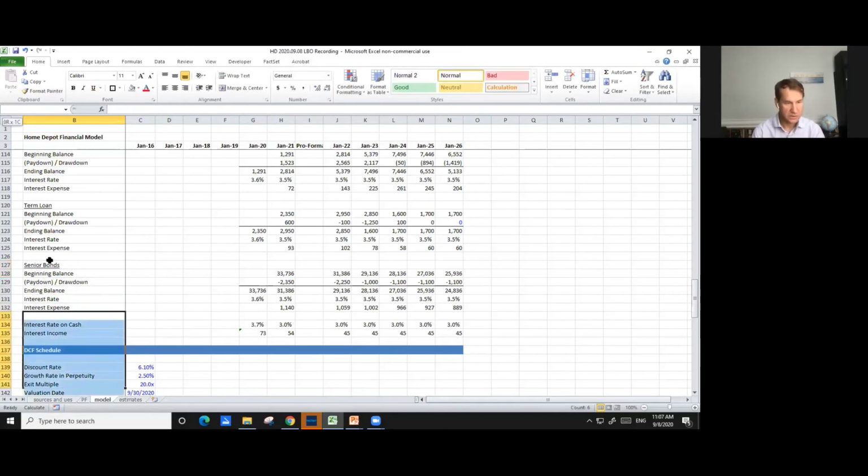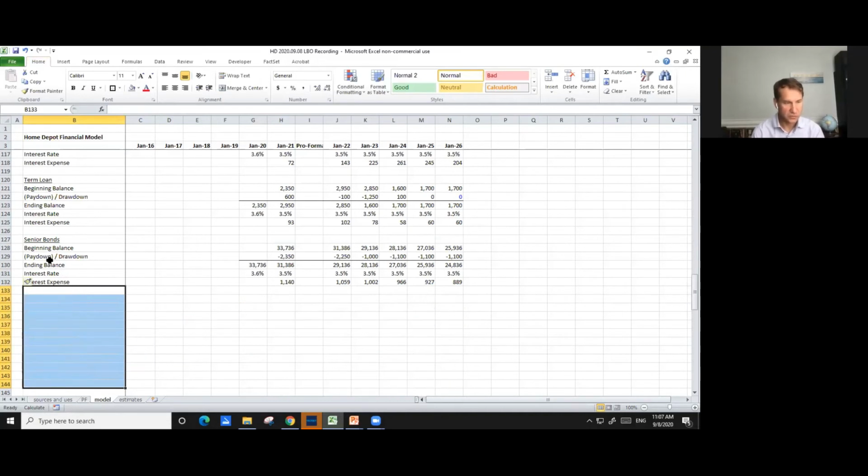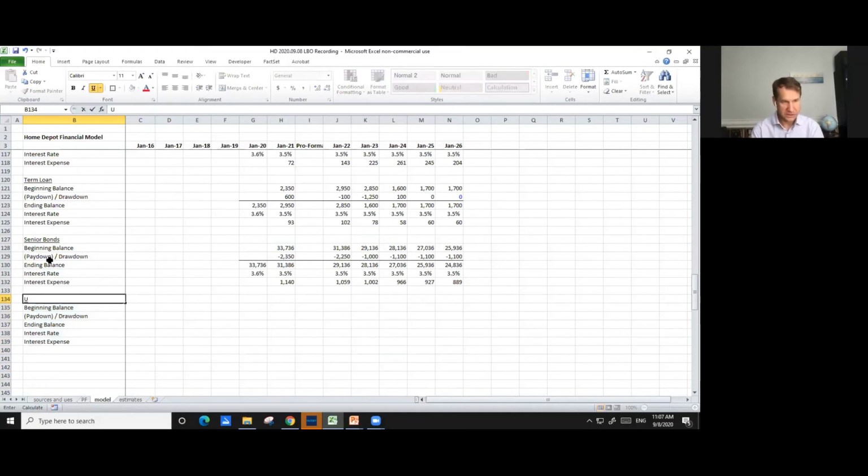And I will need some more space here for unsecured notes with warrants. It's a little bit extra work, but let's make it fairly realistic. So I'll just copy the format for the debt schedule and I'll call it unsecured notes: beginning balance, pay down, drawdown, interest rate.